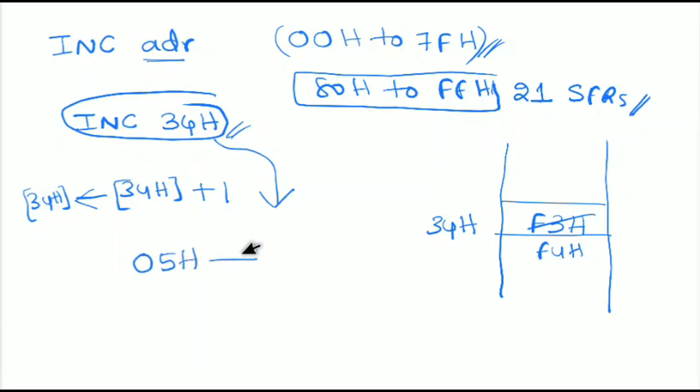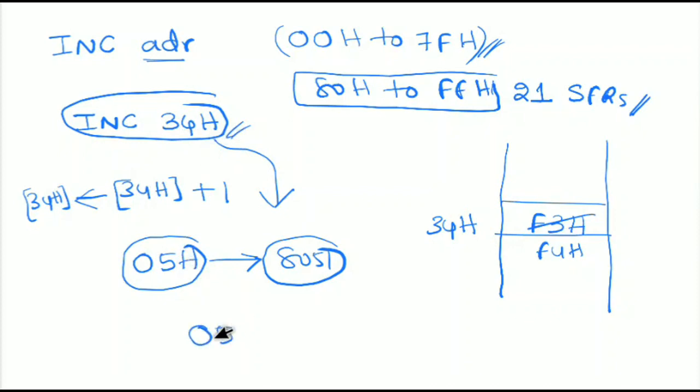So whenever 05H is given to 8051, it will increment the data which is present at the given location. So 05H will look for a location. That means this INC 34H will be converted as 05 to represent this kind of operation, and to represent the location where you want to increment, that location you need to write as the second byte.